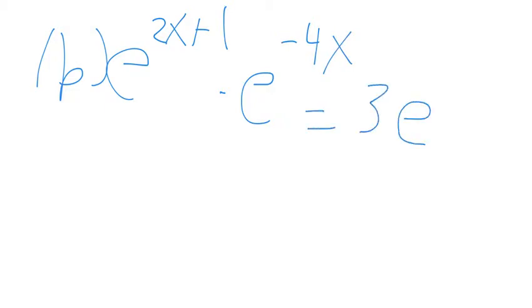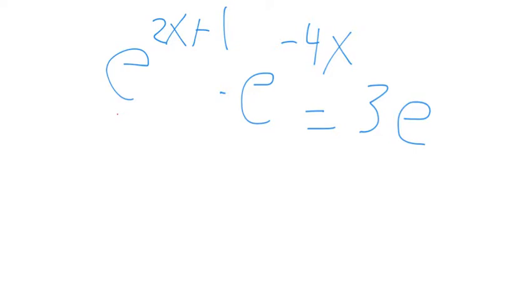E to the power of 2x plus 1 times e to the power of negative 4x equals 3 times e. Alright, so let's go ahead and combine these into a single exponential. If you're multiplying two things that have the same base, see how on the left hand side they both have a base of e, you can add the exponents.